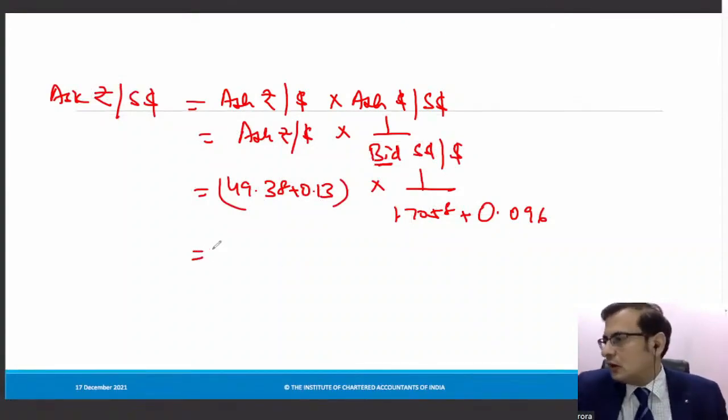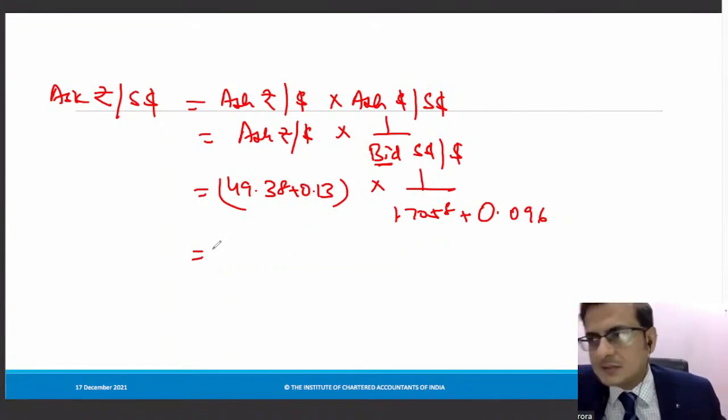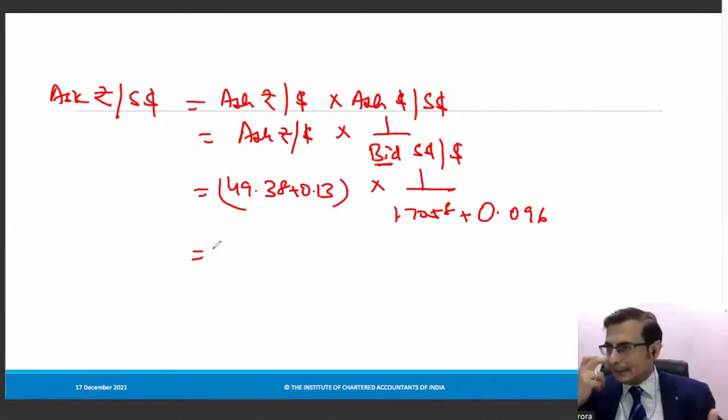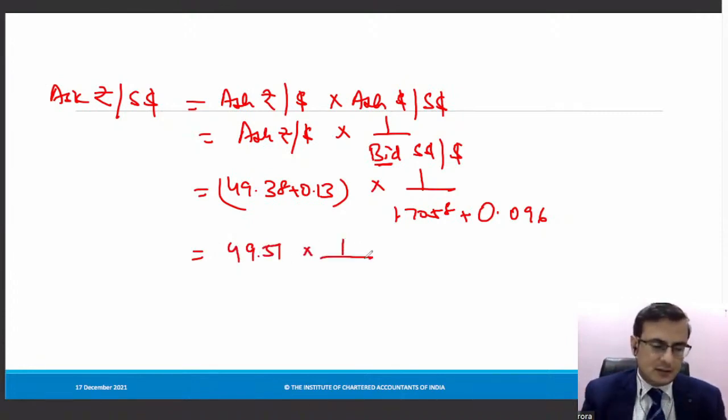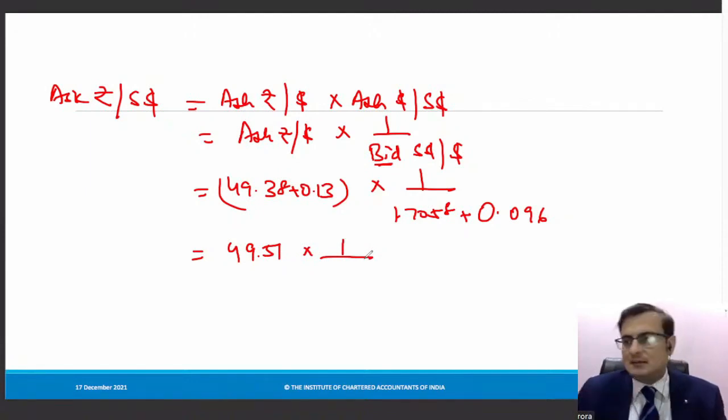So we just have to solve, and then our task will be a little easier. 49.38 plus 0.30. Okay, so that premium becomes 49.51 into 1 divided by 1.7058. First we'll have to add 0.96.